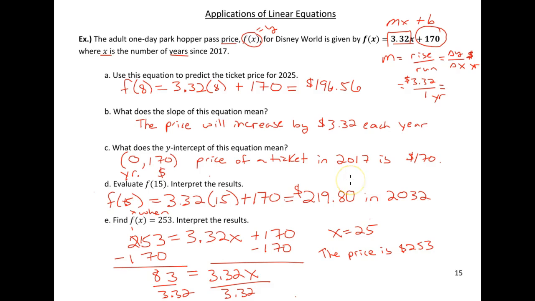So 2017, and then 25 years later, the price is here. So in year 2042, just 2017 plus the 25, the price will be $253. Let me know if you guys have any questions. Have a good day.